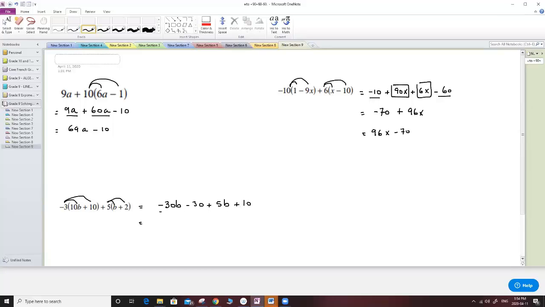So if I start with negative 30b and 5b, that means negative 25b. And I see here the negative 30 and the positive 10. That means negative 20. And you see here, I simplified. I made it a little bit shorter than before. And I respect the order, b exponent 1, and here b exponent 0, because b exponent 0 equals 1. So I put it in order.